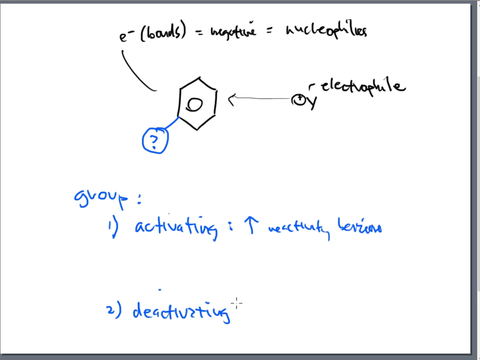So the deactivating groups, if they're present, will drastically decrease the reactivity of benzene. It makes it harder to react. So activating groups increase the rate of the reaction, and deactivating groups decrease the rate of the reaction.